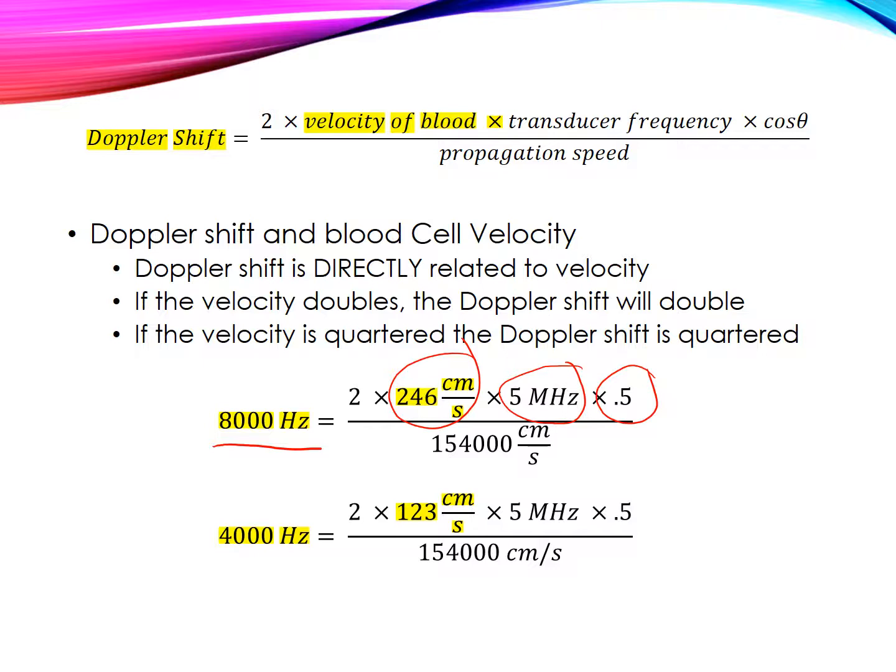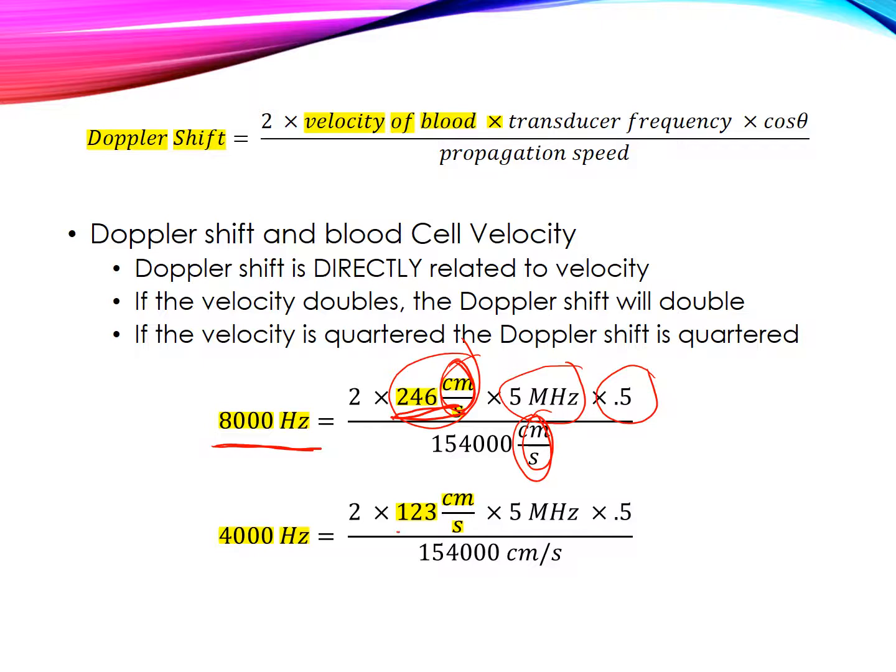The big part, if you are doing math with these, is that you have matching units, so everything equates to the correct unit in the end. Here, the biggest part is that we were talking about that velocity of blood was 246 centimeters. After doing the math, we get to 8,000 hertz.